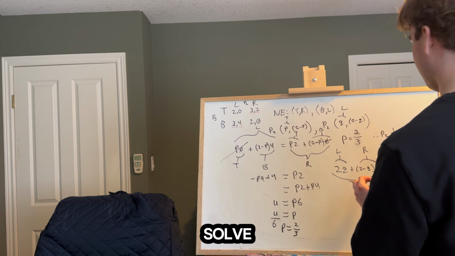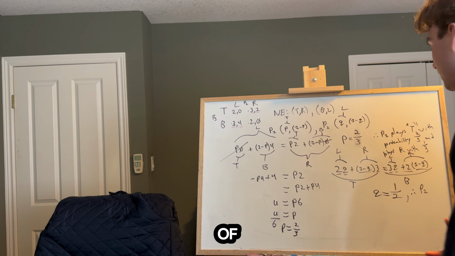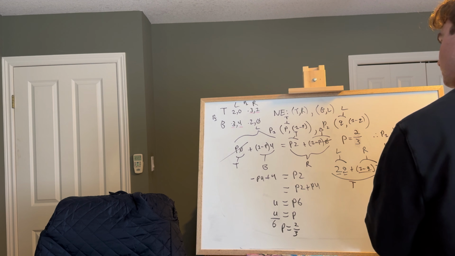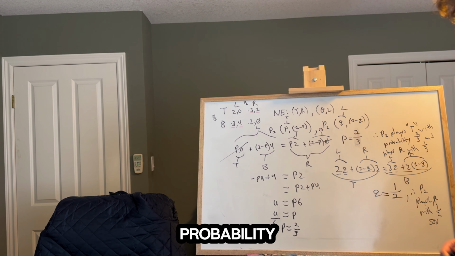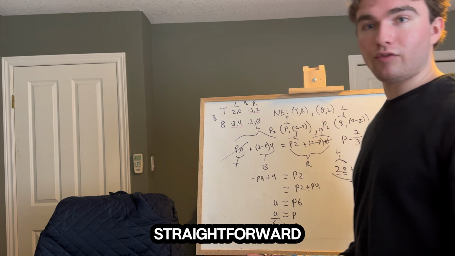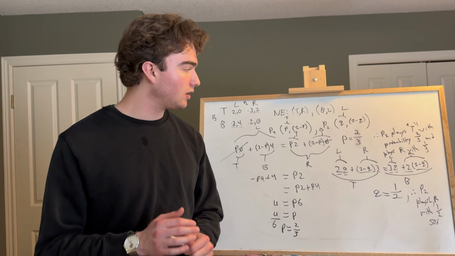And you solve for Q. Just by looking at this, you can get an idea of what it might be. So player 2 plays left and right with 50% probability. And that's a straightforward indifference probability.